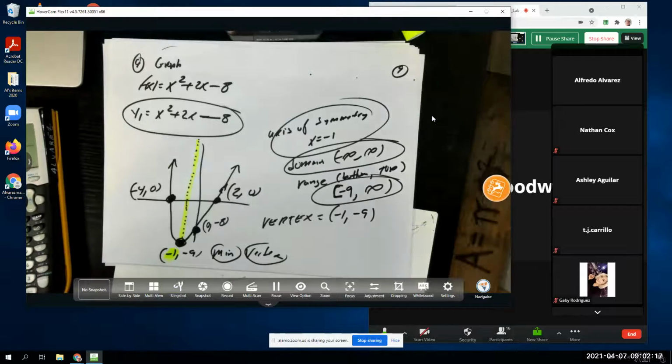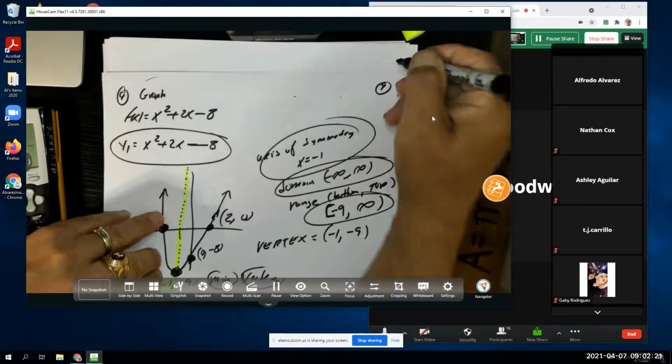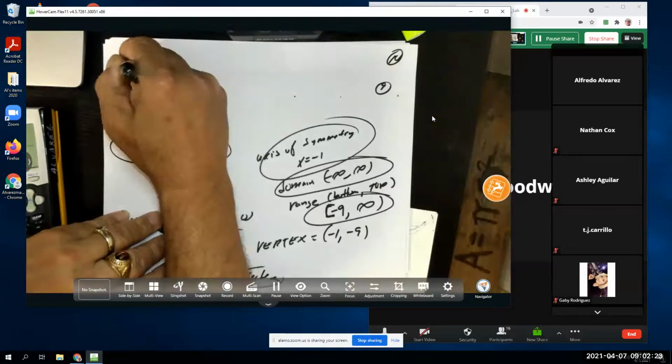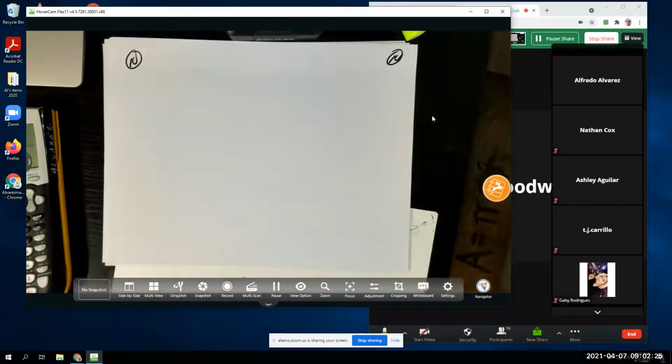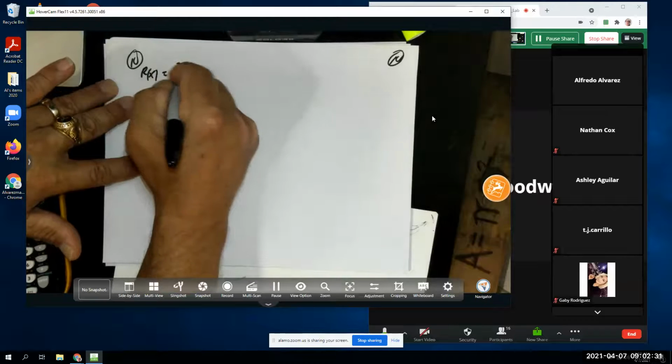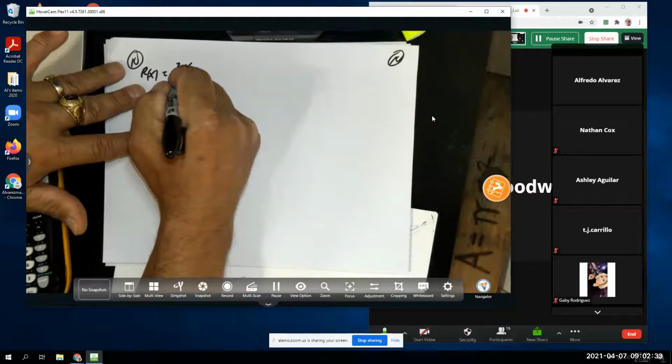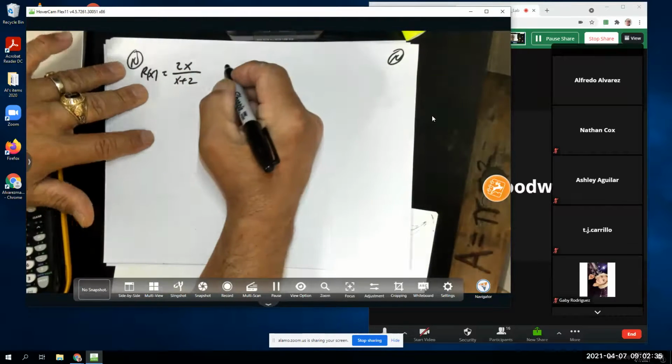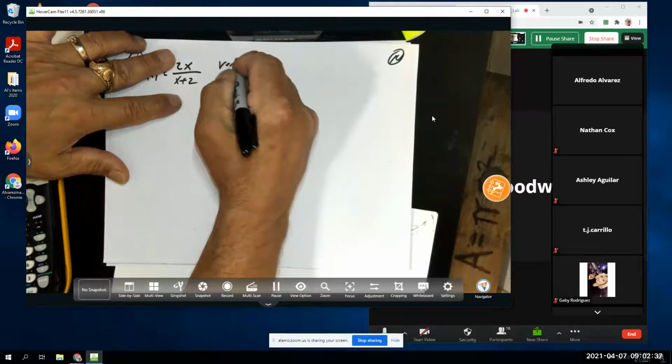Okay, let me go to number 10. All right. Question number 10. They're going to give you something that looks like this. This is R of x equals 2x over x plus 2. And they're going to say find the vertical.